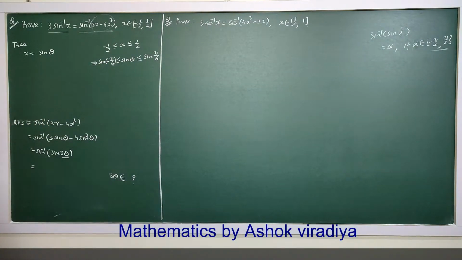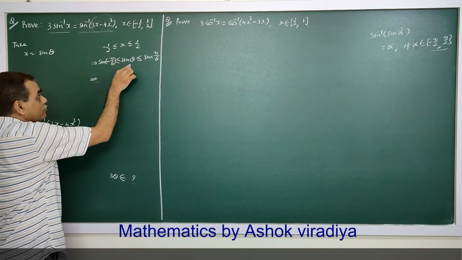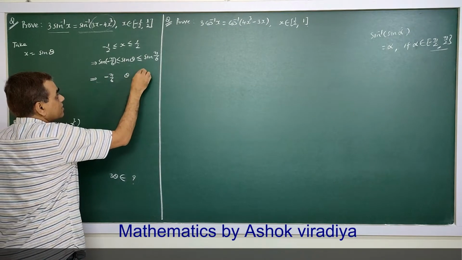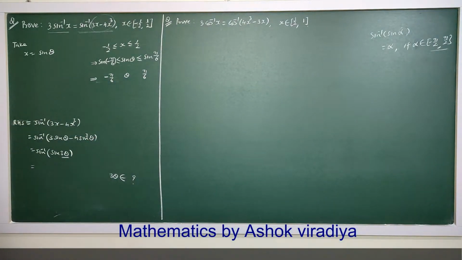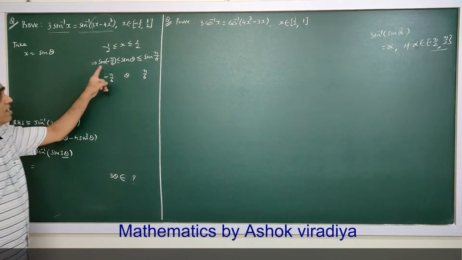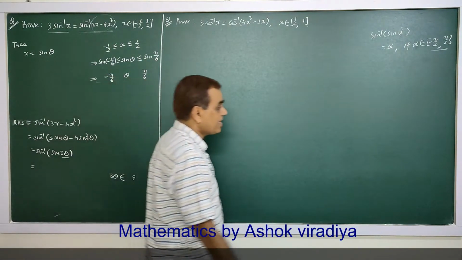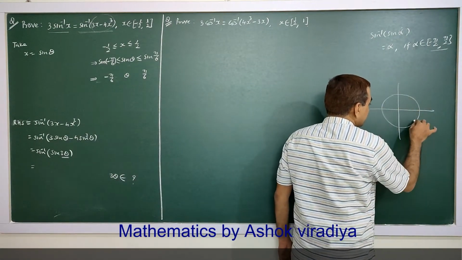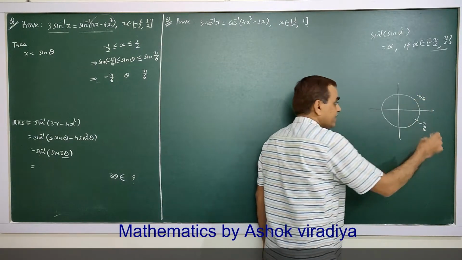Now I am removing this function, so I keep these values here. Now see, in the interval minus pi by 2 to pi by 2, minus pi by 6 is somewhere here, plus pi by 6 is somewhere here.